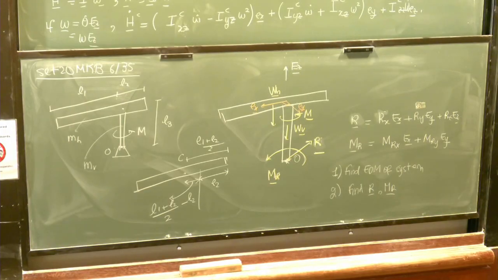Sure. So I'm still stuck on this part right here. Products of inertia. Kind of lost as to what I'm supposed to do. Okay. So what are AX and AZ? Yeah, the components of the position vector from the center of mass of the bar to where you're trying to find the moment about. The center of mass of the horizontal bar. Yeah.